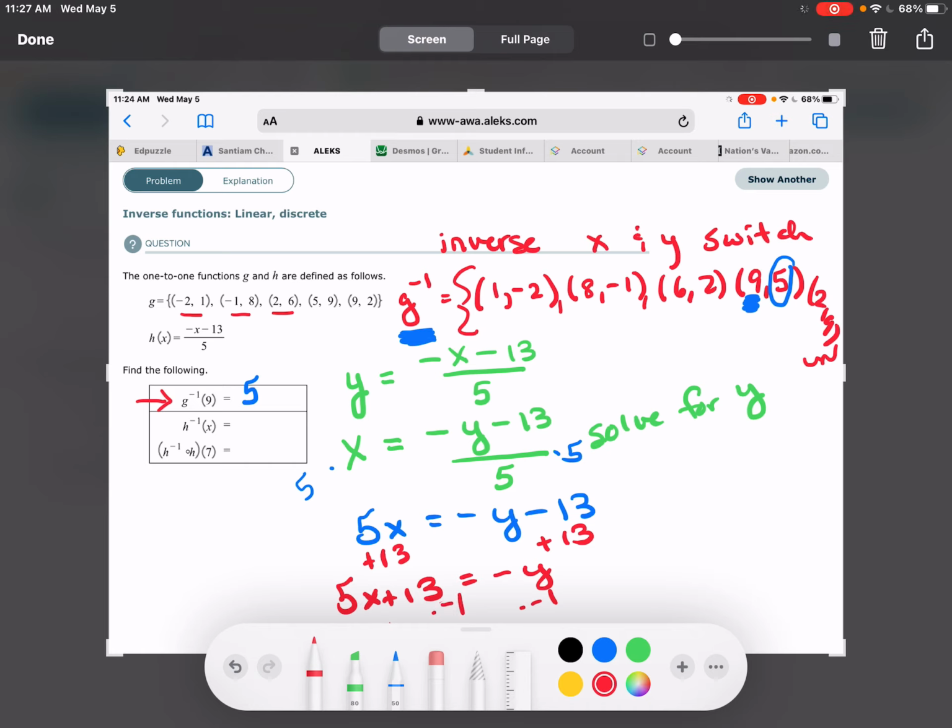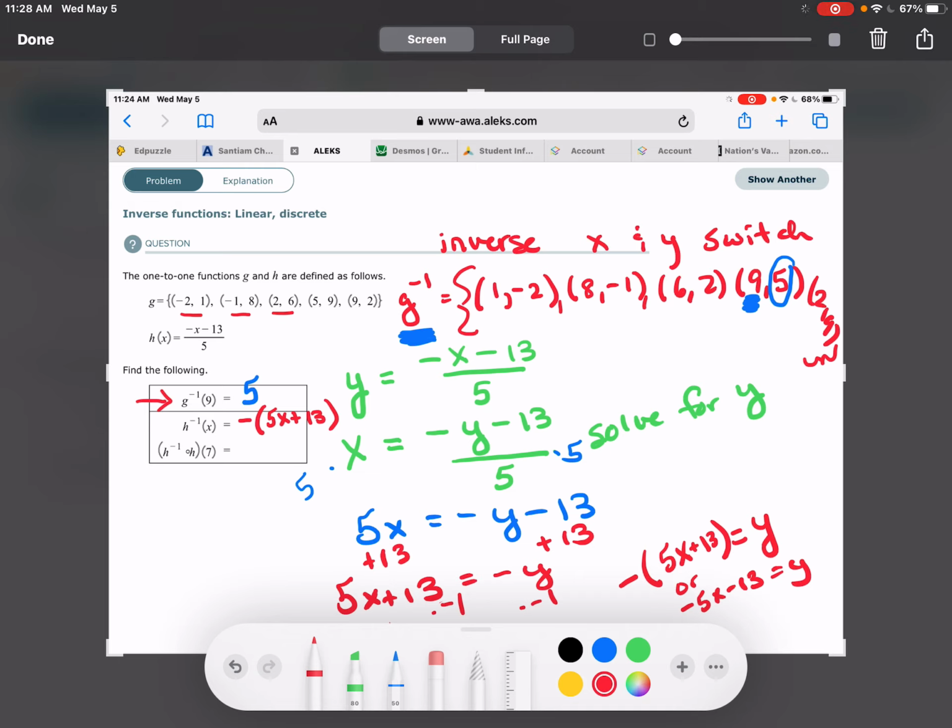You can divide by -1, you can multiply by -1, but what we're going to end up with is positive y, and then you could keep your negative on the outside of parentheses, or you could write -(5x plus 13) equals y, but that will be your h inverse, and you will write that in here. I kind of like leaving that negative on the outside of this, but if you want to distribute that and change all the signs, you can.